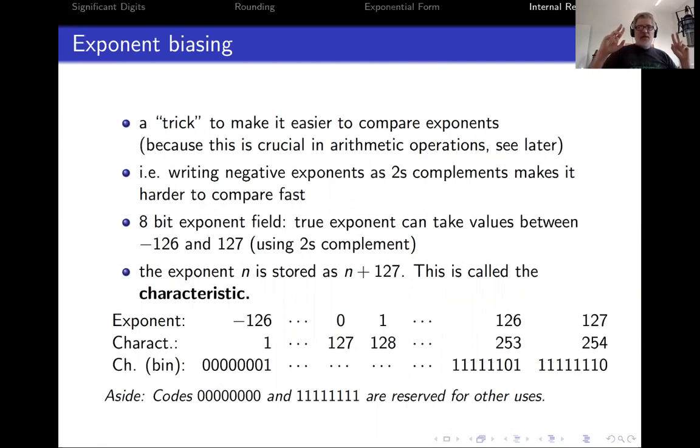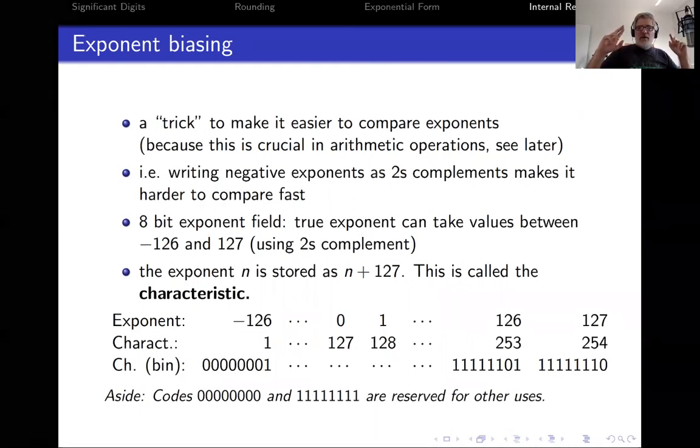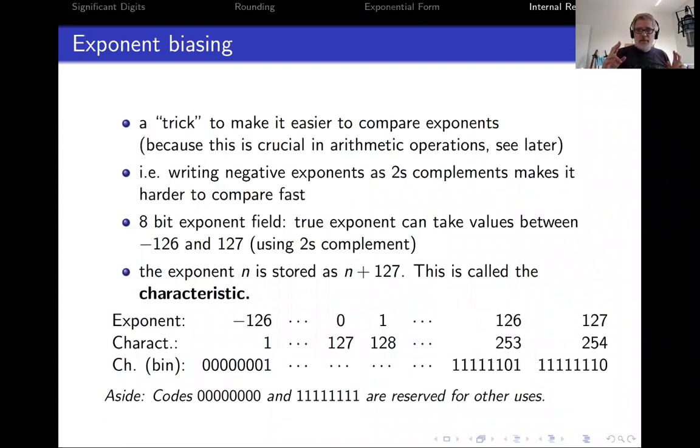If you're using 2's complements for negatives, it makes it more complicated for the machine to compare quickly. So what the engineers came up with is they're biasing the exponent to make it easier to compare. So what's the bias? You just add a number, you shift all these numbers by a certain amount to make it easier to compare.